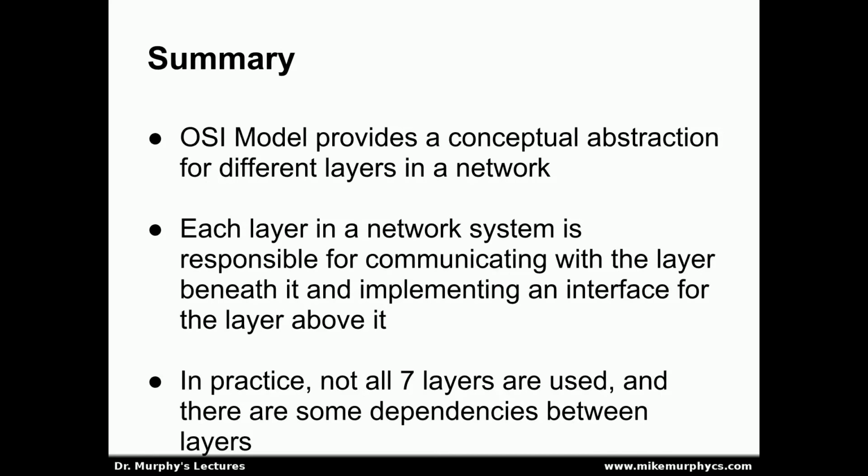Each layer in a networking system is responsible for communicating with the layer beneath it and implementing an interface for the layer above it. In practice, we don't use all 7 layers, and there are sometimes some dependencies between layers. However, this is still a good conceptual model for understanding the pieces at a high level that make up a network system.